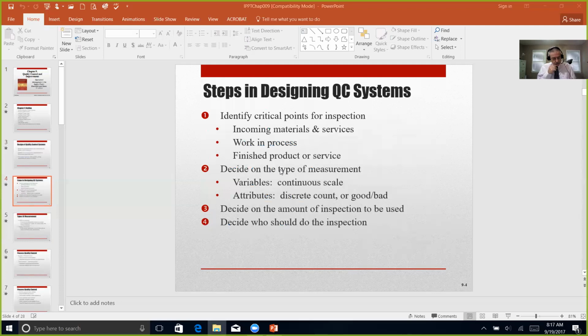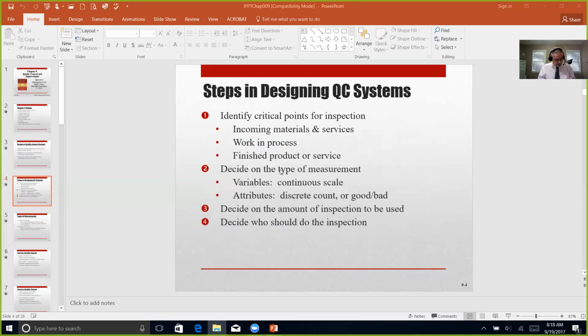Certainly you're not going to inspect every product coming through an assembly line, or every service you provide to your customers, but what's a representative sample that you can use, so that when you do those inspections, you're getting a good snapshot of how good or how bad, or what areas need to be improved.